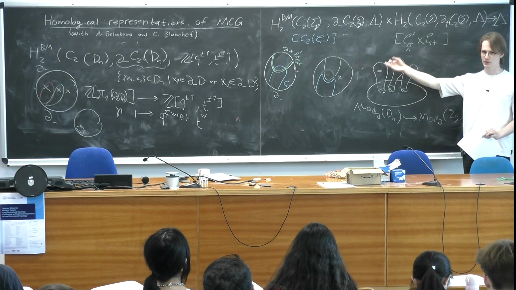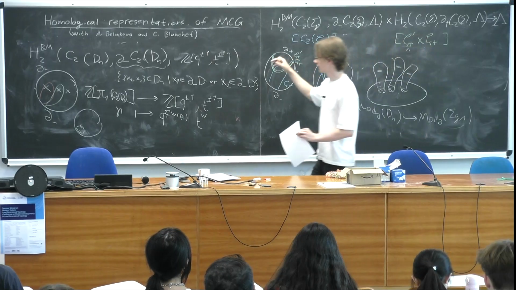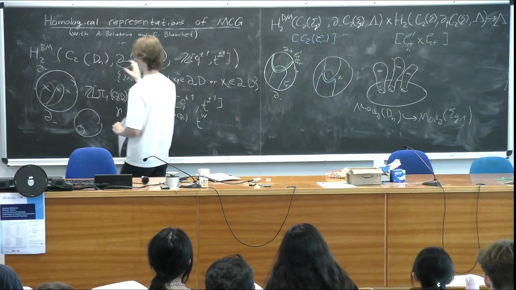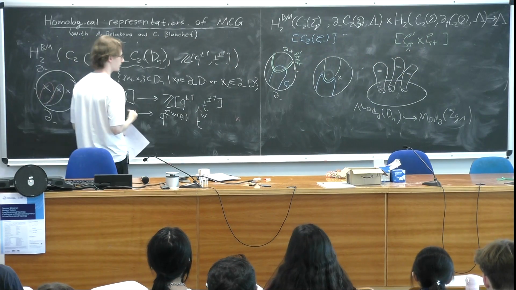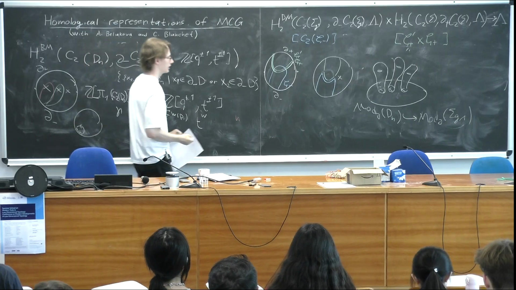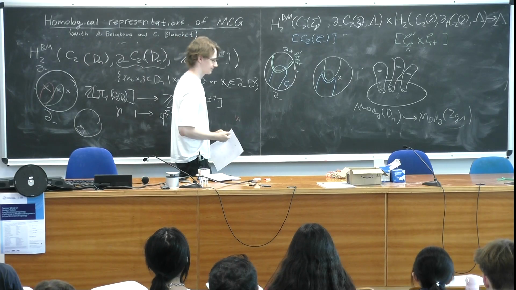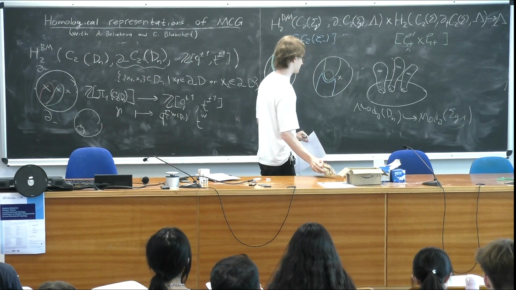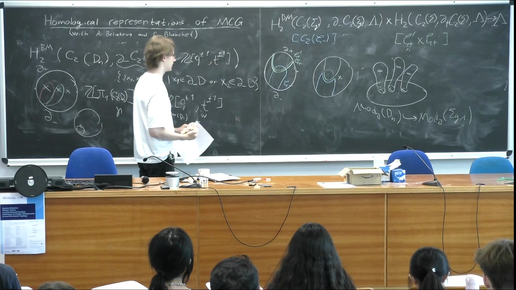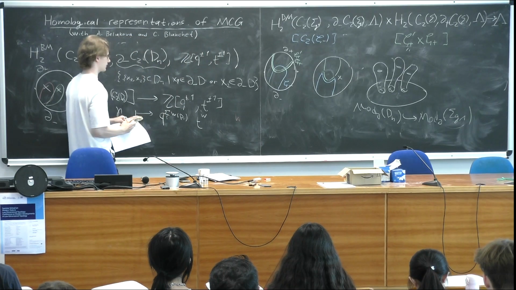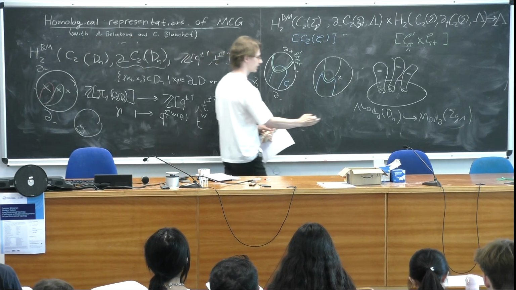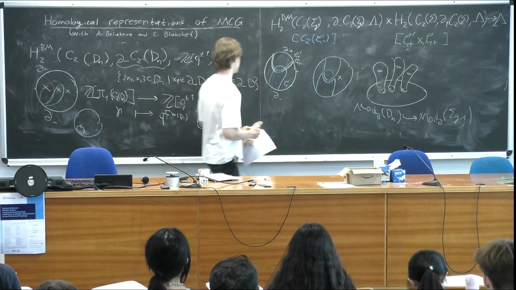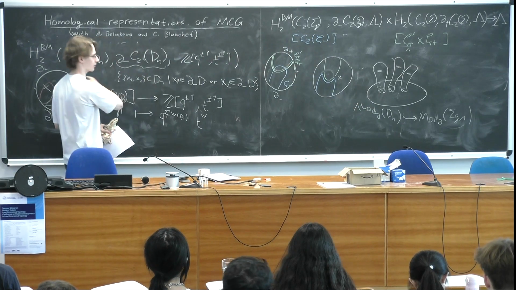So it gives a hint what we should do, how we should modify our local system or our representation in order to get something faithful. We need at least to do something that is restricted to this disk, is of the same form.